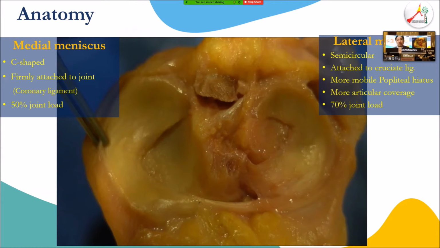Medial side is very common in middle age patients, like 50 years, with minor trauma like squatting or missing a step. But the lateral side is in the young. We find it in young patients with ACL injury. So the medial side and lateral side are totally different groups of patients.